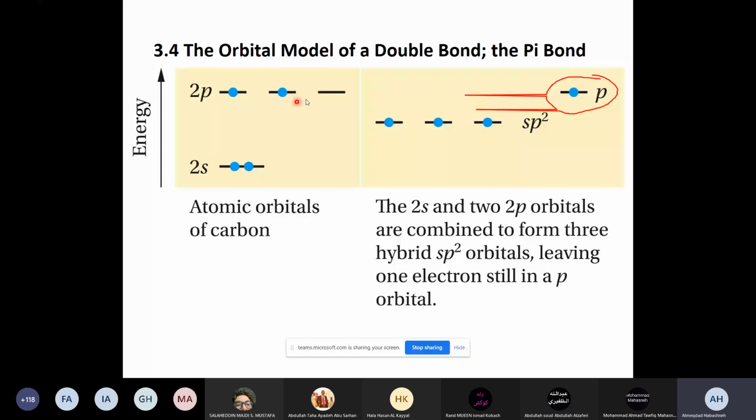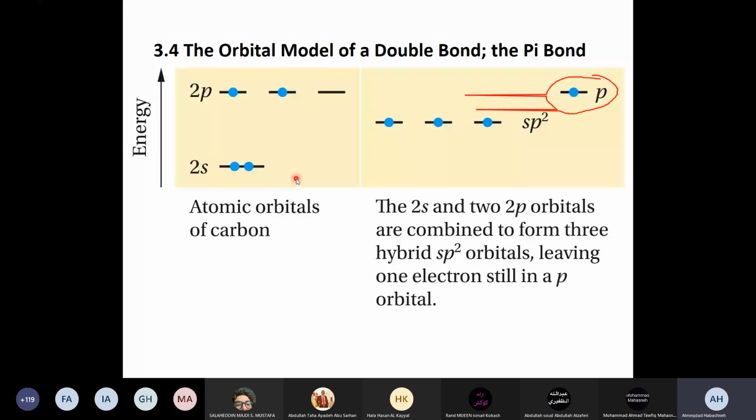This is the valence shell of carbon. It has only 2 half-filled p orbitals. And what we need to explain the formation of three sigmas by the carbon and 1 pi as well is that the carbon needs to have 3 half-filled orbitals to make 3 sigmas and 1 half-filled p orbital.